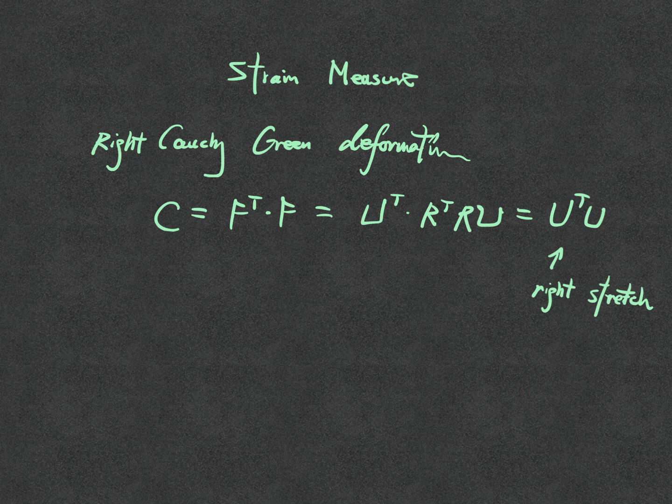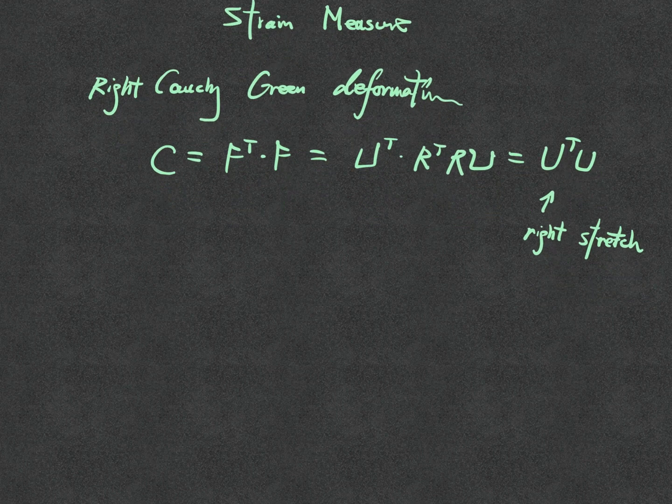Now, I want to write it again in the index style. So F_iJ is actually the two-point tensor that has one index in the reference configuration J and one index in the current configuration i. So if I have the transpose of F, what would that be?